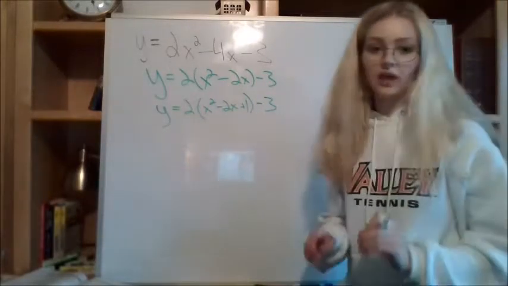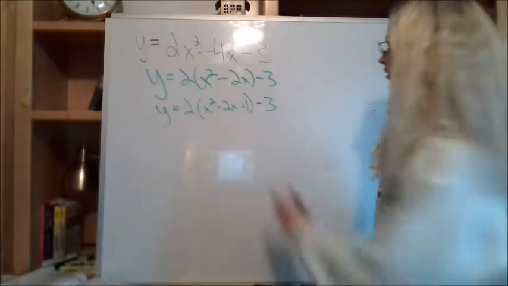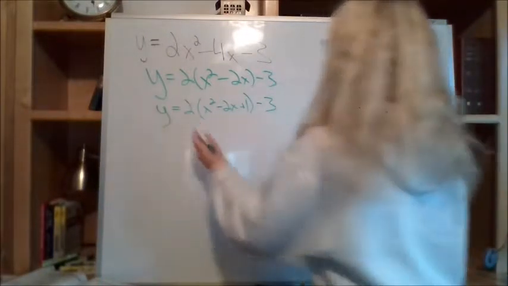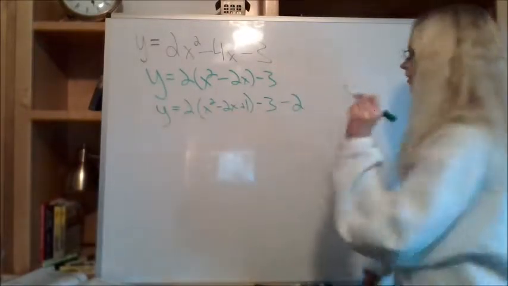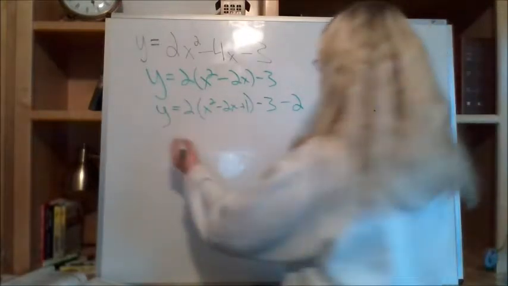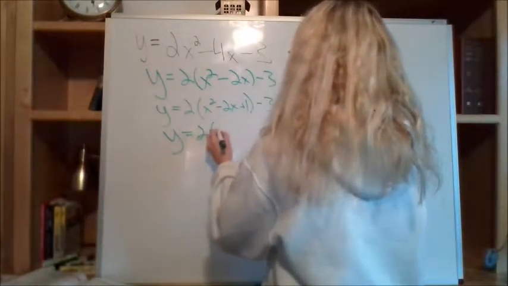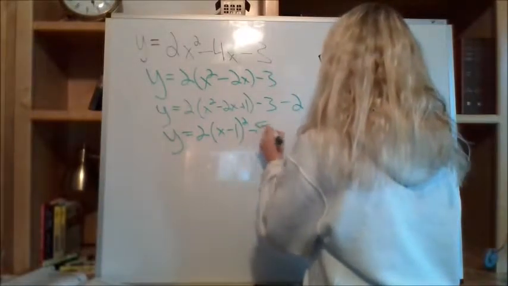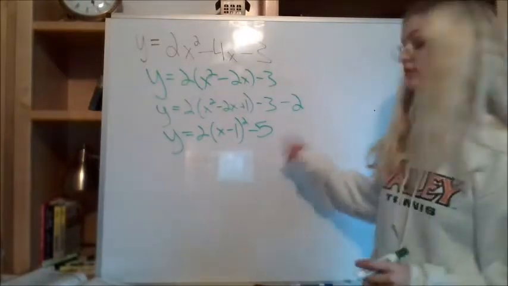What do we need to subtract out so that we still have the same equation? Well, if we add 1 here, then we're actually adding 2 because we multiply by 2 there. So we need to subtract out 2. And so if we simplify this, y equals 2 times the quantity x minus 1 squared minus 5. And so that is our parabola in vertex form.